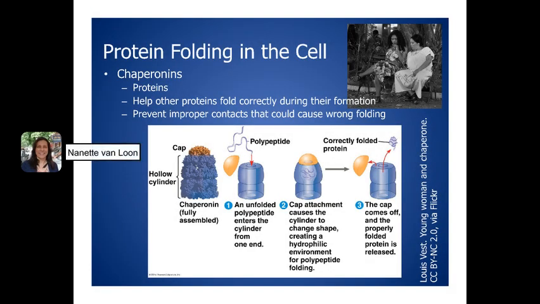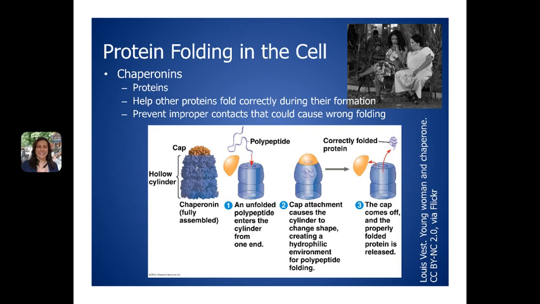We saw earlier that for a protein to attain its normal function, it needs to have a very specific shape, and that shape has to be achieved in every one of the proteins as it is made. You have to have very specific chemical bonds between very particular amino acids in that polypeptide chain. To achieve those interactions, there are a series of proteins in the cell whose job it is to help newly made proteins fold correctly.